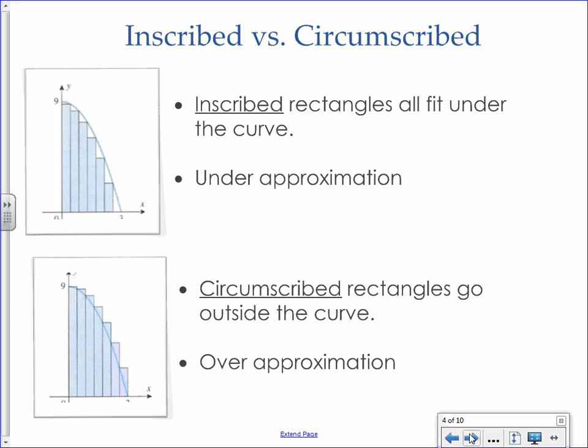If our rectangles are circumscribed, which means they're outside of our curve, then we get an over approximation. With this decreasing, it's the left endpoint giving us that. Obviously, if our function is increasing or decreasing, those under and over approximations are going to switch.